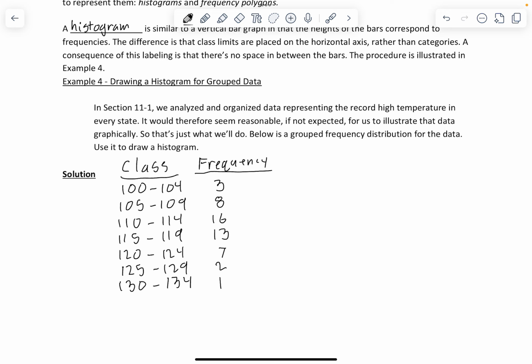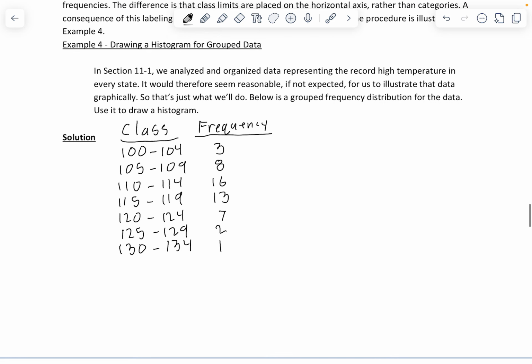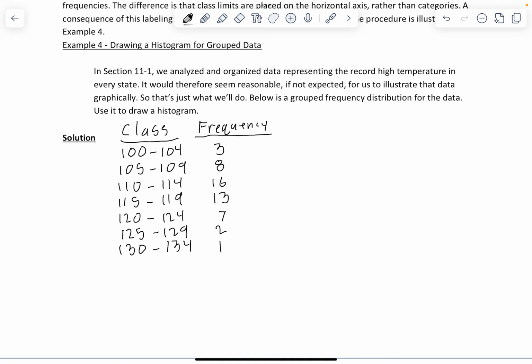To turn this frequency distribution into a histogram, I think I'll just try to put it right next to this so we can see them side by side. What I would do is basically put my lower class limits along the horizontal axis.